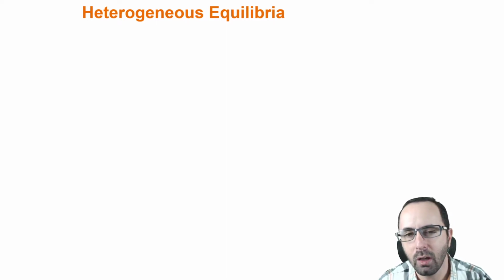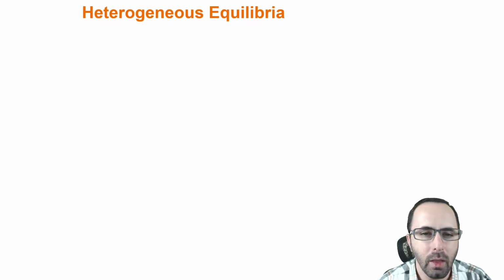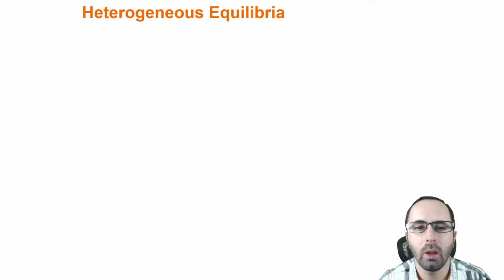We kind of touched on it in the kinetics chapter, but the basic idea is that for solids and liquids, the bulk solid and the atoms in it, or the bulk liquid, will generally not all be available to react. And so that's going to seriously affect the rates of both the forward and the reverse reaction and the way in which the amount of solid and liquid impacts the equilibrium.